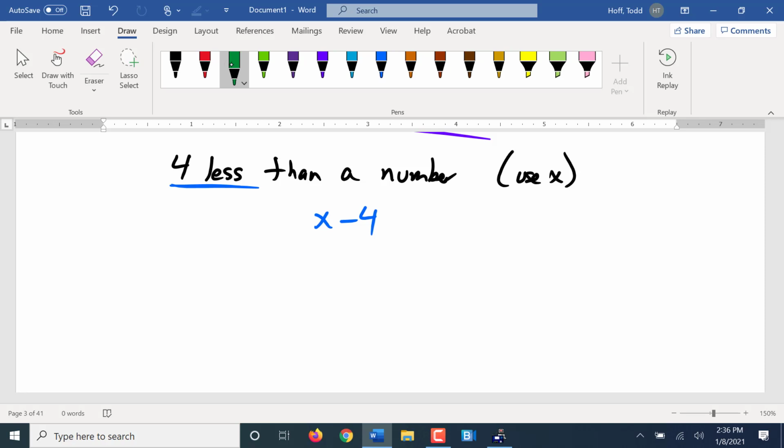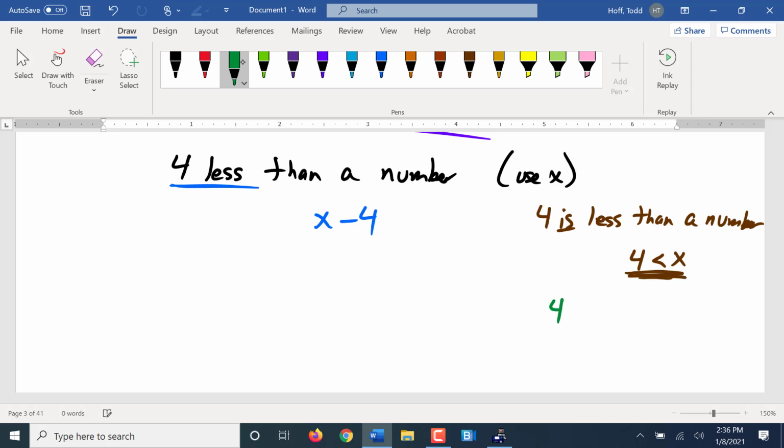Not to be confused with 4 is less than a number. If we said 4 is less than a number, what would that be? Four is less than that, using the less than or greater than symbols, right? Did I show you where those symbols come from? No?